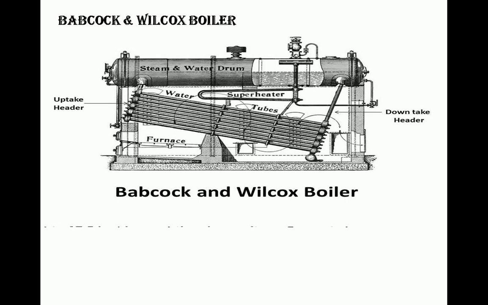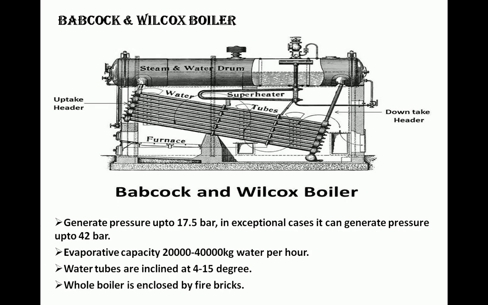Next boiler is Babcock and Wilcox boiler. It is a water tube boiler. All the boilers we have studied earlier are fire tube. It is used for high production works. Coal is introduced on the grate through fire holes. It consists of several water tubes inclined at 4 to 15 degrees.